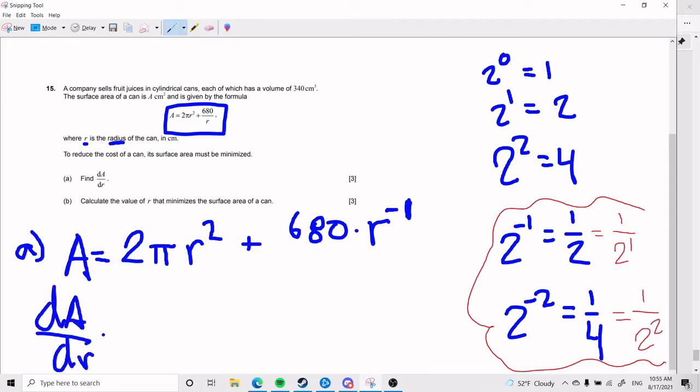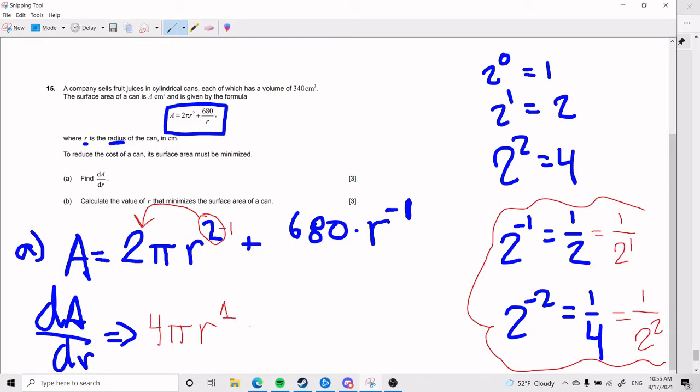Now that we're at this position, it's much easier to do the derivative, and it's going to look like this. For the first term, because this is all exponent derivative, we take the 2 and multiply it with whatever is in front of it, so 2 times 2 is 4, pi does not change, and the exponent is reduced by 1, so 2 minus 1 is just 1 up here.